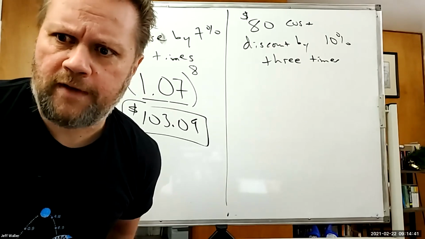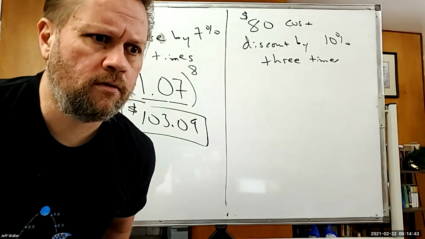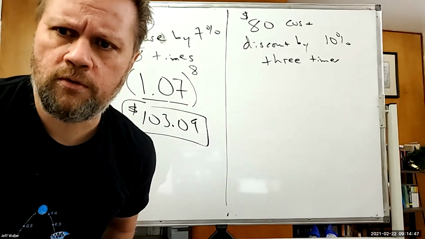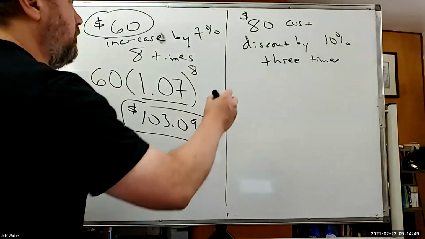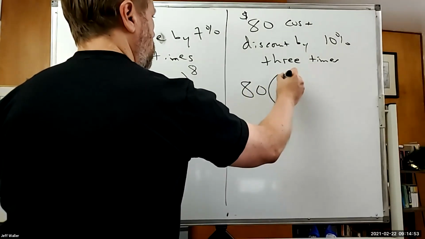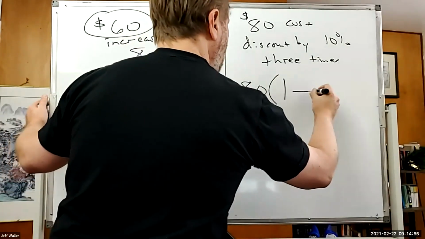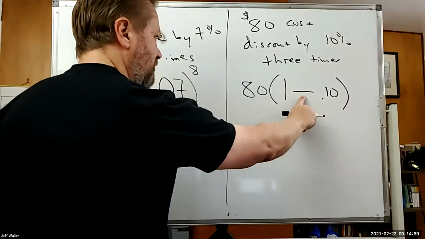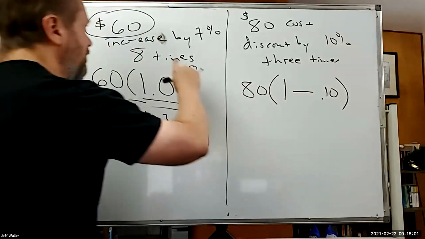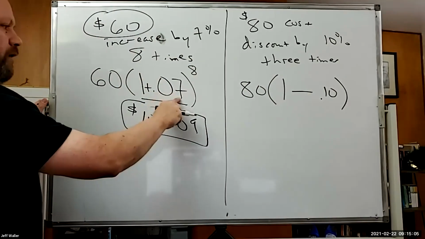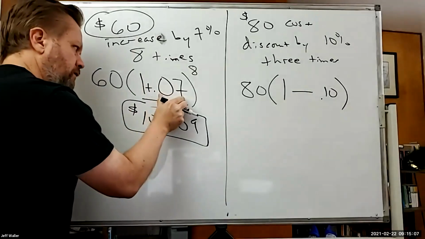We have to divide it. What do you mean divide it? No. Do you not do a negative exponent? It's going to be 80 times 1 minus 0.10. Doesn't that make sense? If the increase is 1 plus 0.0 something, right? 1 plus the percent.